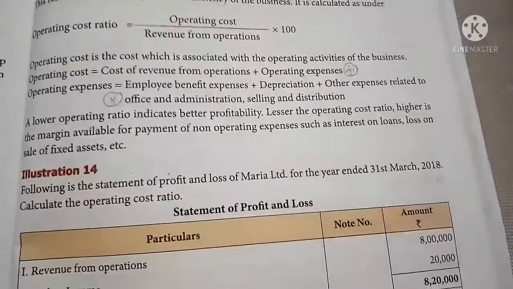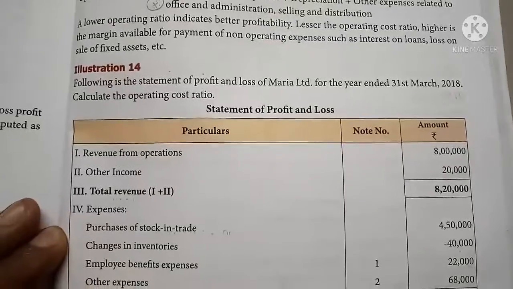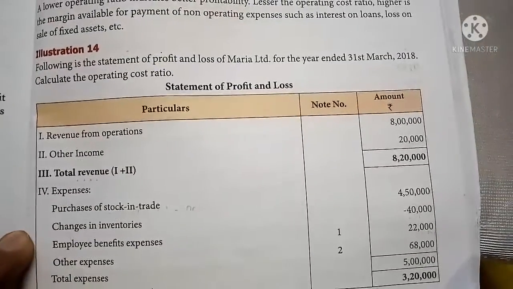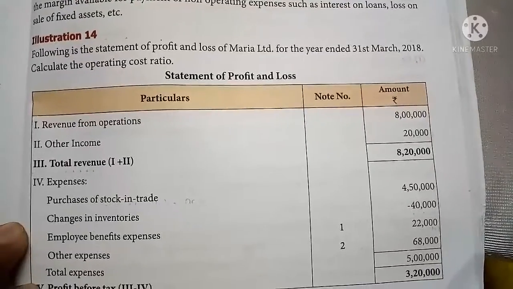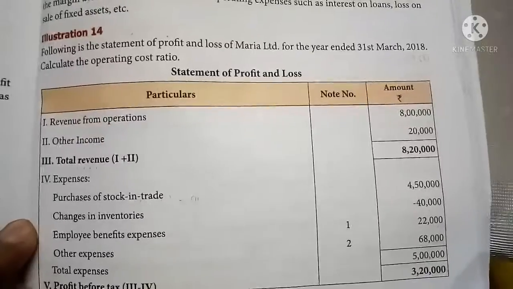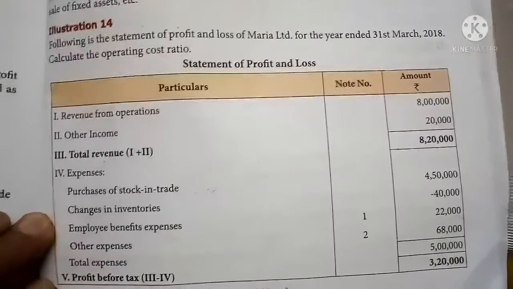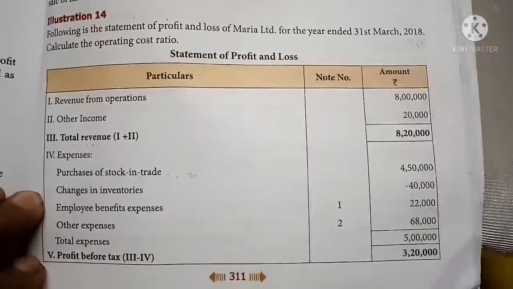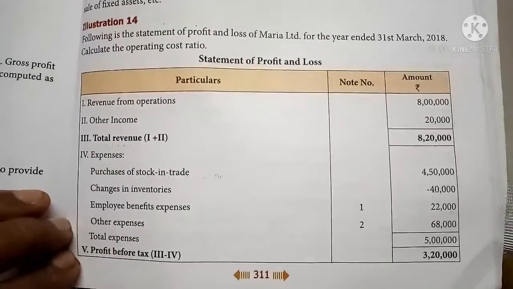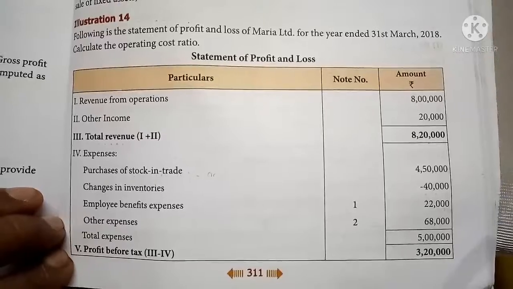In this example 14, the following is the statement of profit and loss of Mary Limited for the year ended 31st March 2018. The information given is: revenue from operation 8 lakhs, other income 20,000, so the total revenue will be 8,20,000.